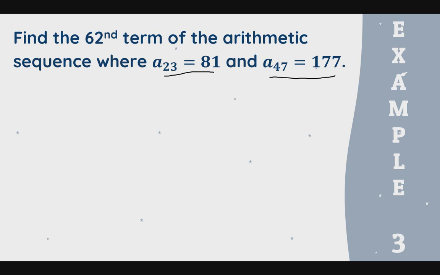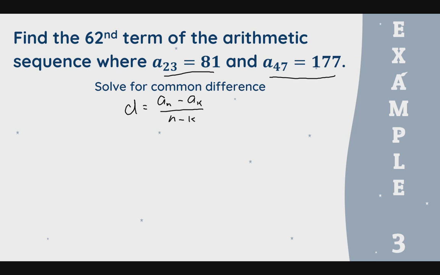So, from here, let us solve first for the common difference. The d on our equation is the common difference. So, d is equal to a sub n minus a sub k all over n minus k. Let us identify our a sub n, a sub k, and k.